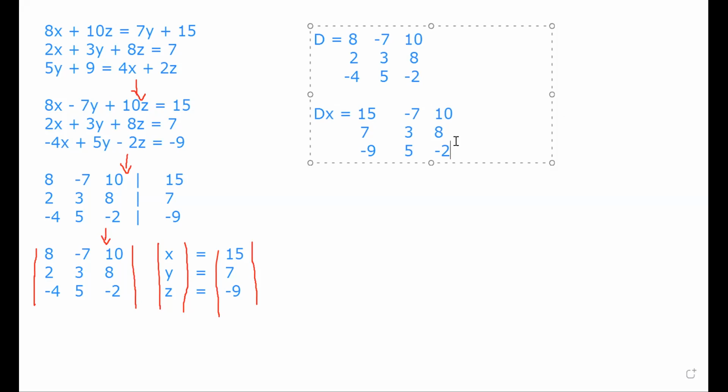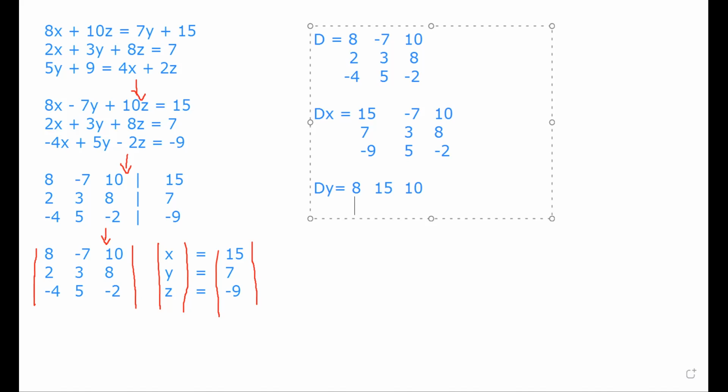Okay, now we have to find dy. Dy is equal, y is in the second position. Therefore, you don't need to change the first column of D as well as the third column. You have to replace only the second column with these elements. Therefore, the first number 8, no problem. Second number 15. Third number 10.